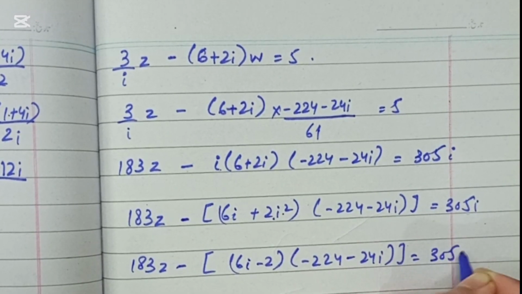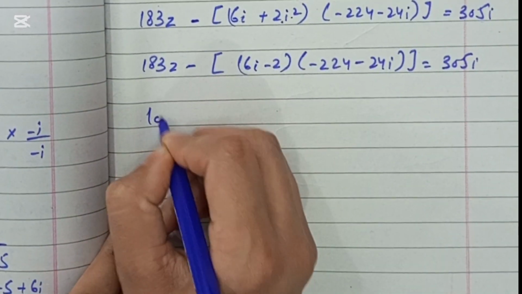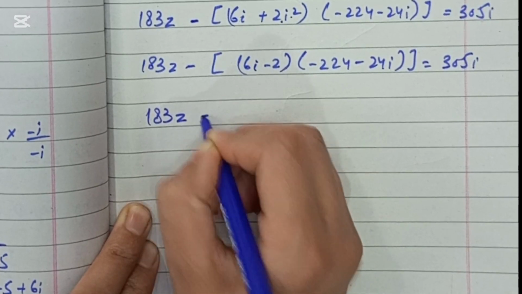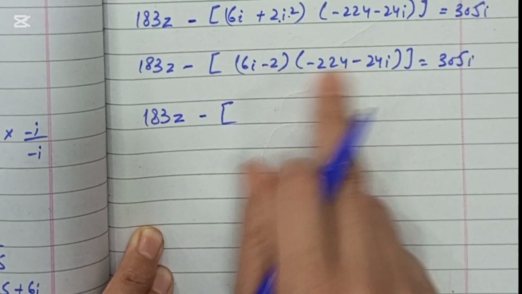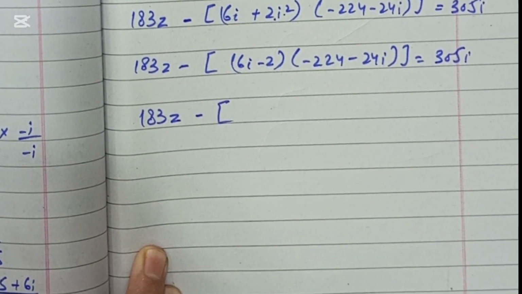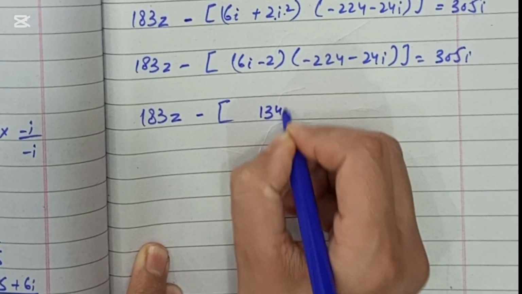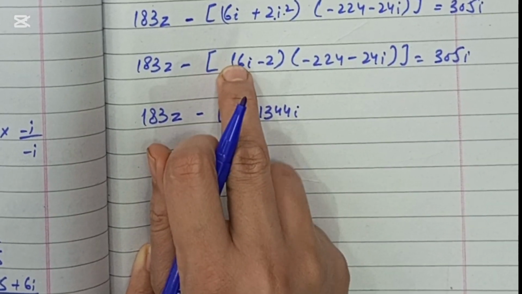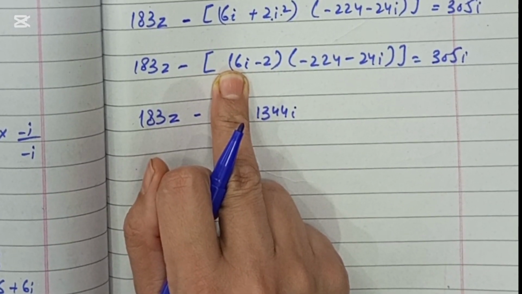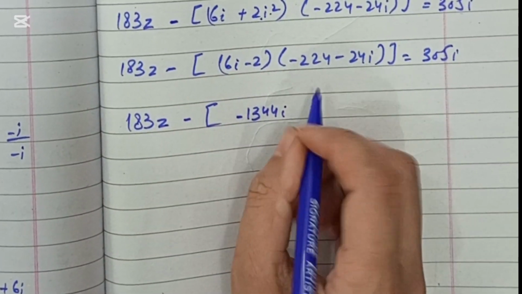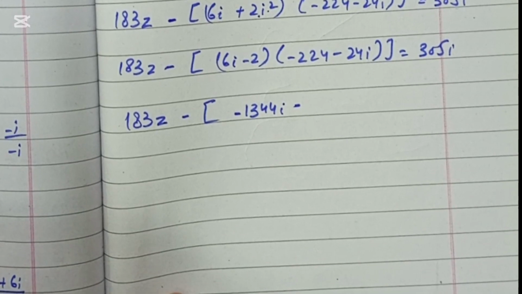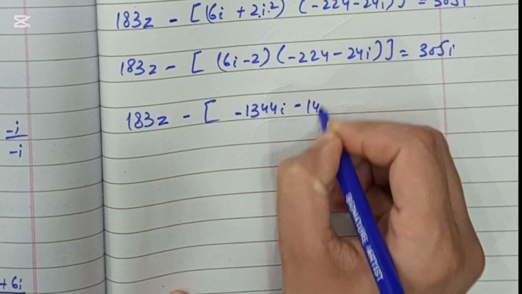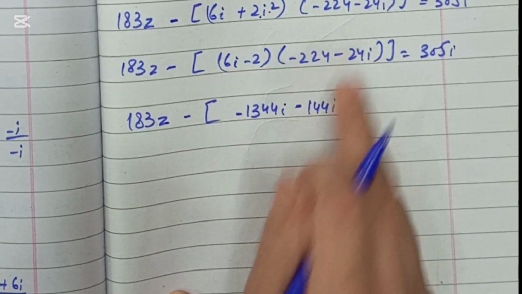Now 183z minus, now start multiplying these both, 6 into 224, 6 multiplied by 224 is 1344 iota. Plus, it's a plus sign with 6. So plus minus is minus. Then again, it's minus 6 into 24. 6 into 24 is 144 iota square. Iota into iota, iota square.